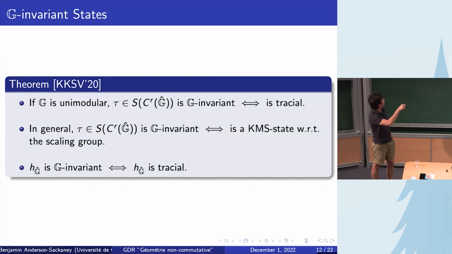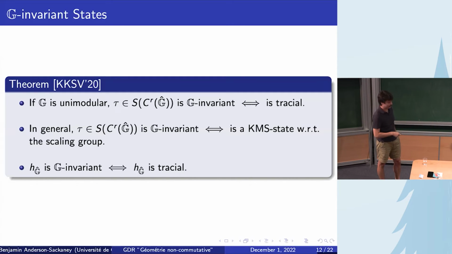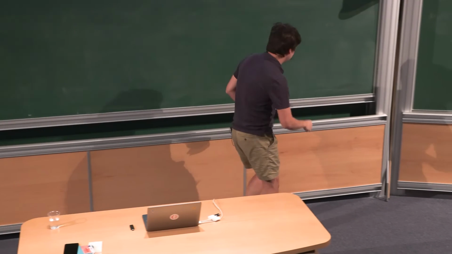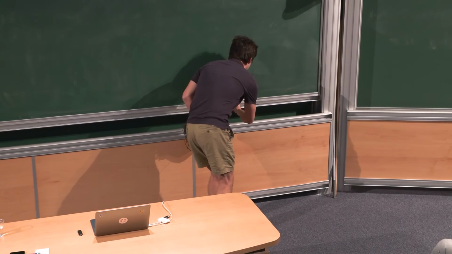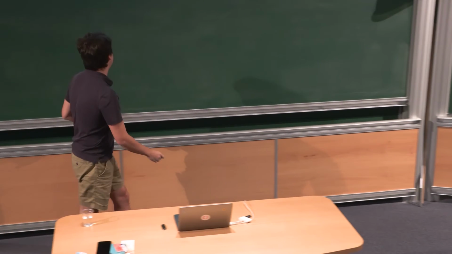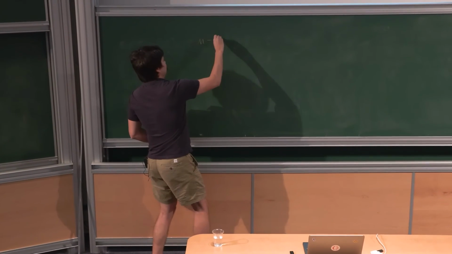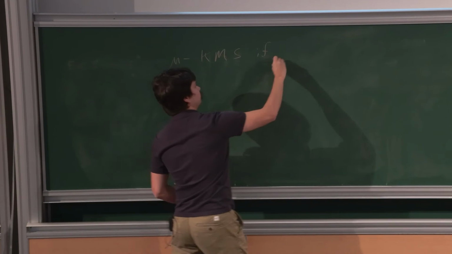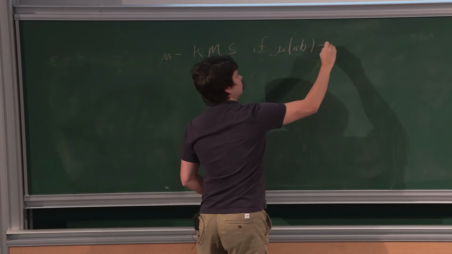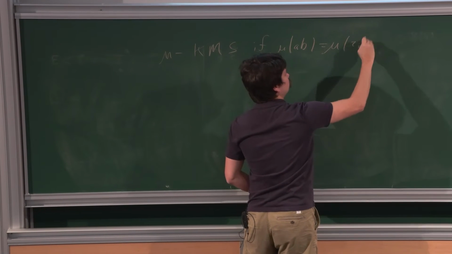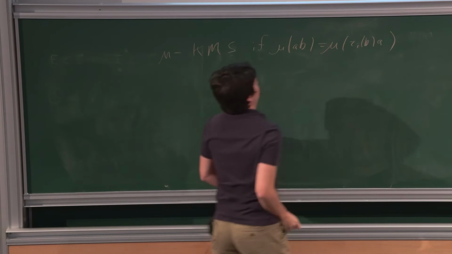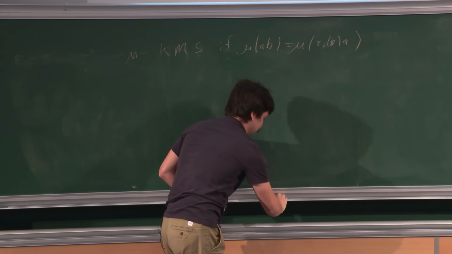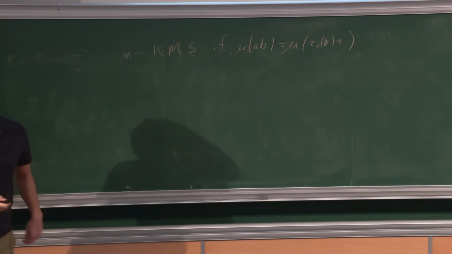So in general, something is G-invariant if and only if it's a certain KMS state with respect to the scaling group, and I don't really want to get into the details of the scaling group. In case you're unfamiliar with KMS states, what this means is, say mu is KMS if it satisfies traciality, but it's twisted by the scaling group. So it's sort of a twisted version of traciality.